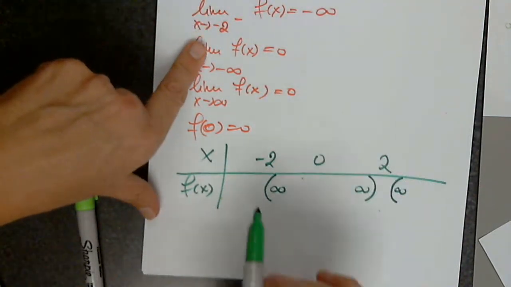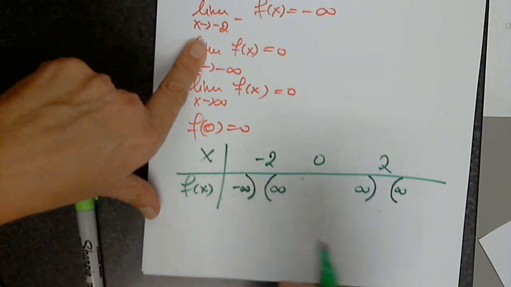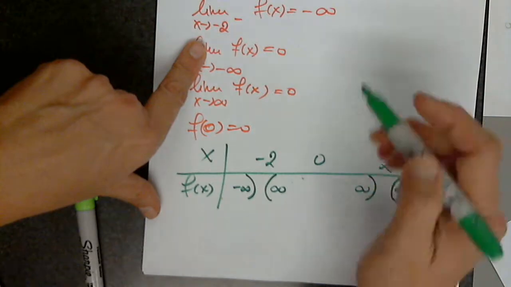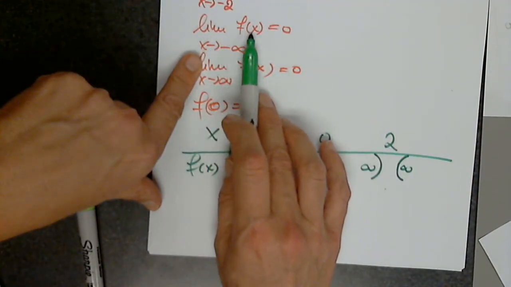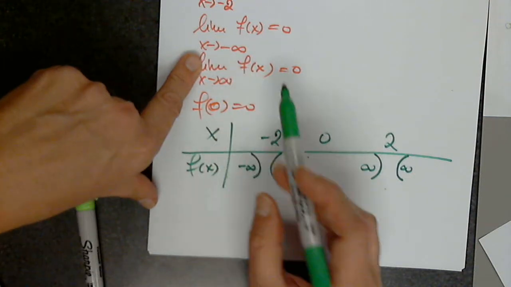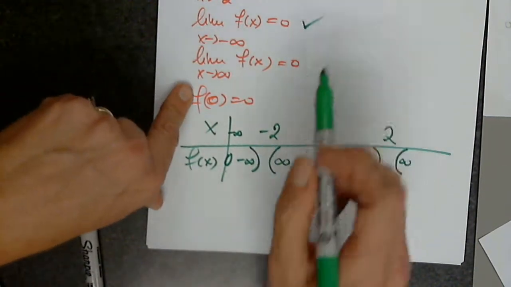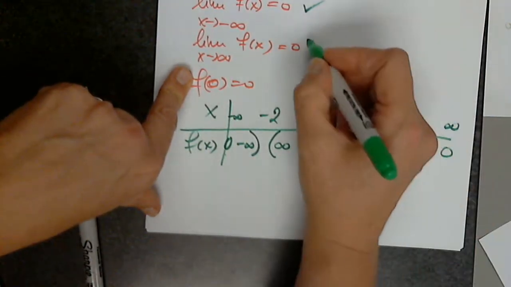Done. Negative 2 from the left is negative infinity. I put parentheses because these infinities are not numbers. Done. And the limit of f of x as x approaches negative infinity is 0. Done. The limit of f of x as x approaches infinity is 0. Done.